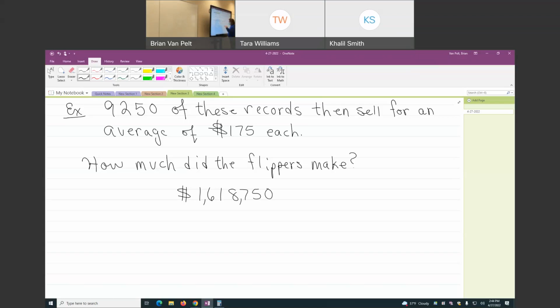Now, if I want it in scientific notation, where is the decimal? The decimal right now is in front of the 5. It would need to be behind, right? How many places does it have to go to get in the correct location? Six places, right?